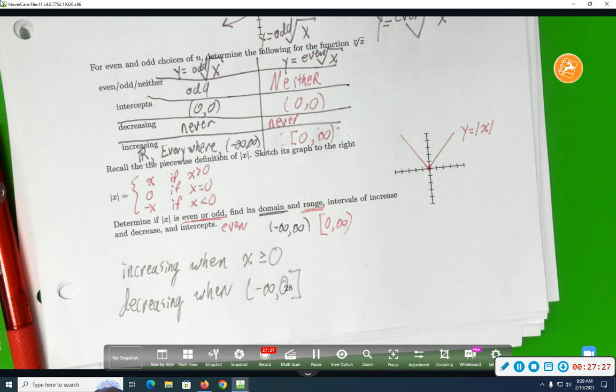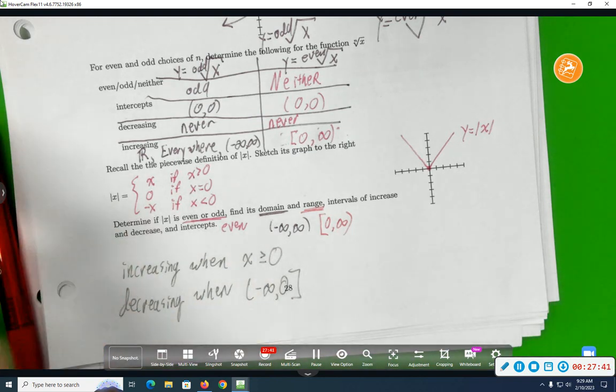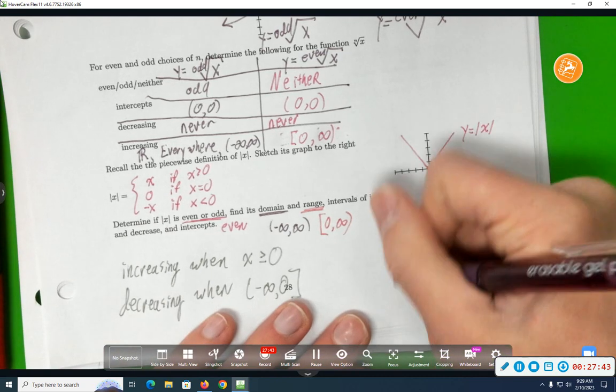So here's a pool of elementary functions. If you're ever asked something about the power functions or the root functions, you just know what those graphs look like. Oh, and maybe I'll give the following interacting with computers comment.